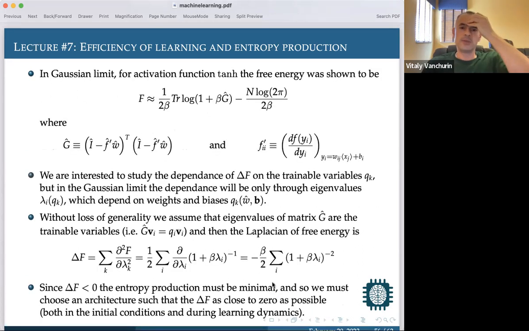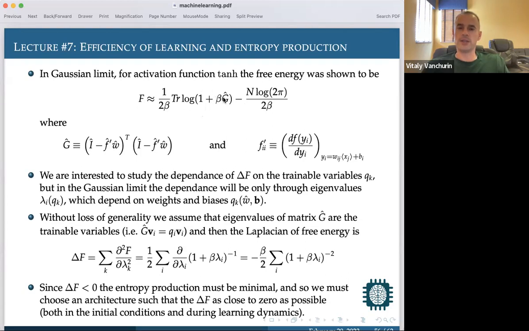Okay, so now let's do this calculation analytically, and then we'll discuss some of the numerical results. Analytically, we argued that the free energy in the Gaussian limit, and this is the only limit where we can really write down the integral of the partition function and calculate what it is, has those two terms. The second term is not very important, just constant for a fixed temperature of the non-trainable variables. And the first term is most important.